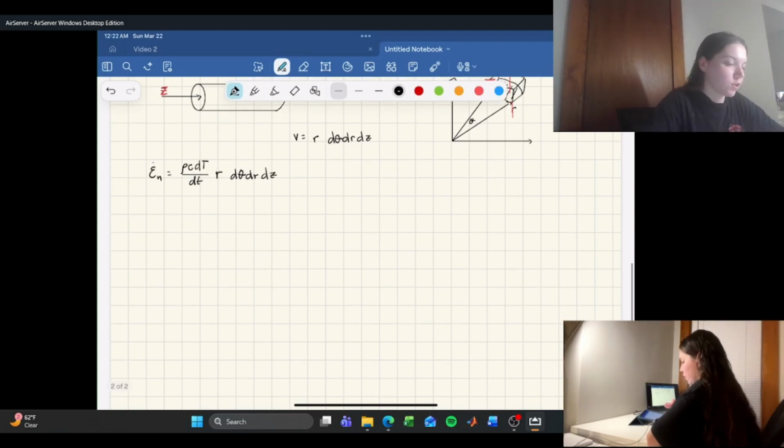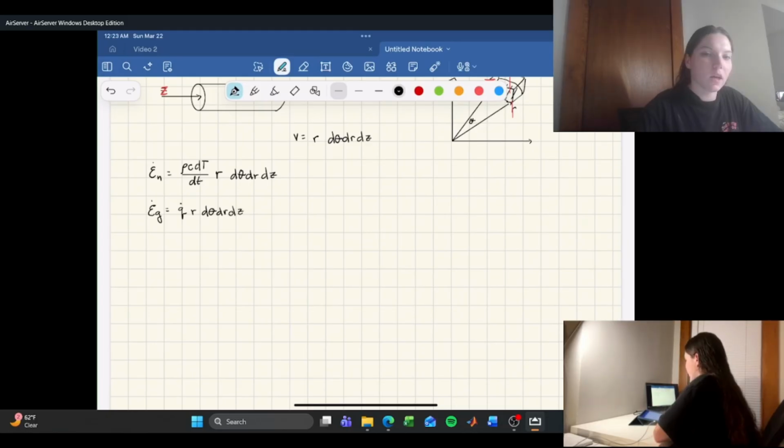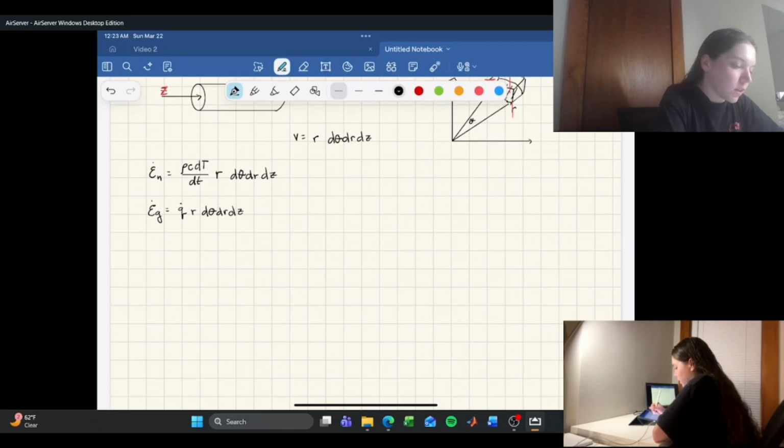And then we need energy generated also. This is energy generated, and that's going to be equal to the change in heat flux, and then again times the volume, which was the radius, times the change in theta times the change in the radius times the change in position.